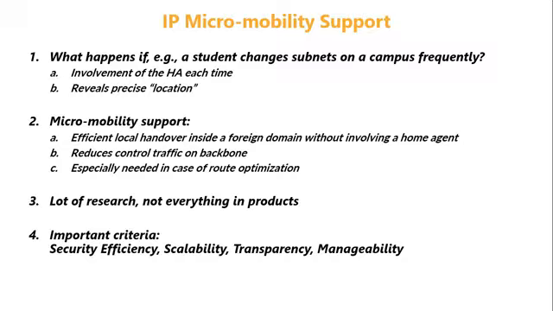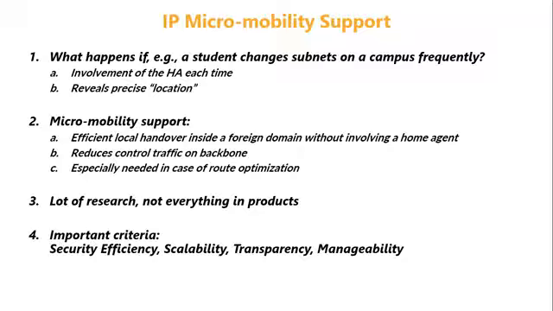That router in turn takes care of the local mobility. That is, if the user has locally moved from one subnet to another subnet, this router will identify it and forward. This concept is called IP micro mobility support.